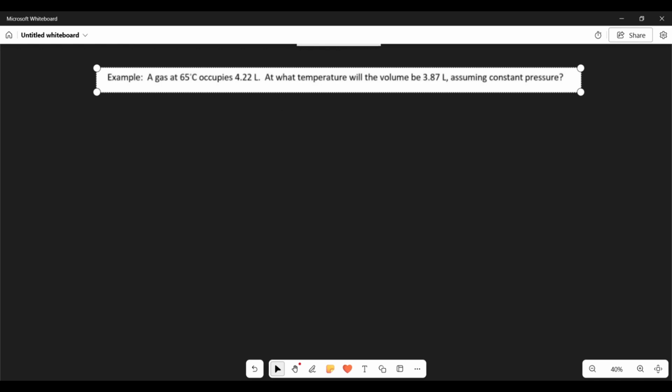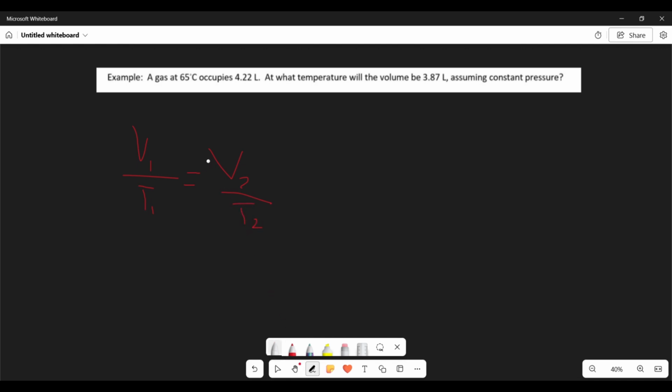So first we map out the problem. We find our variables. The equation was V1 over T1 equals V2 over T2.